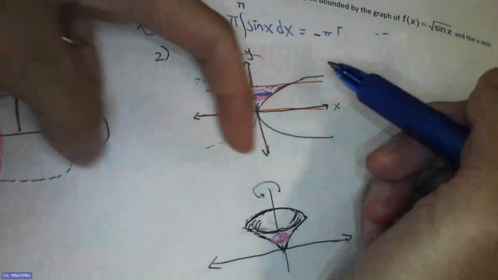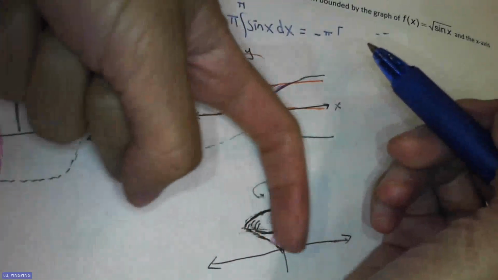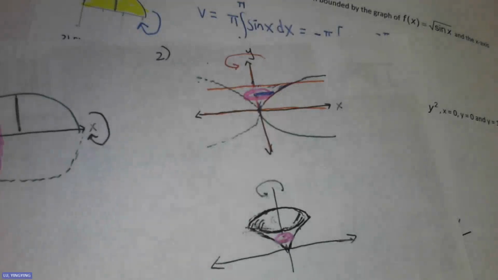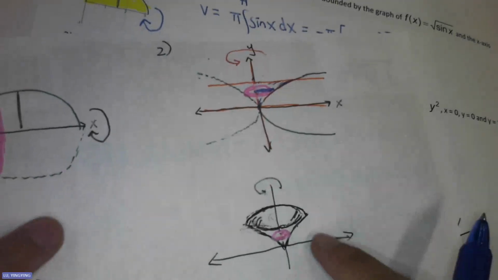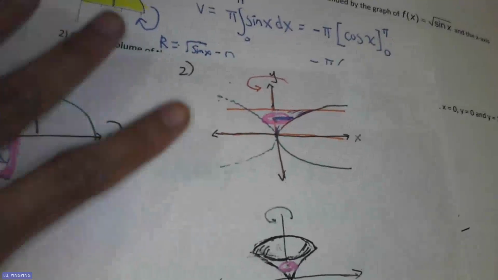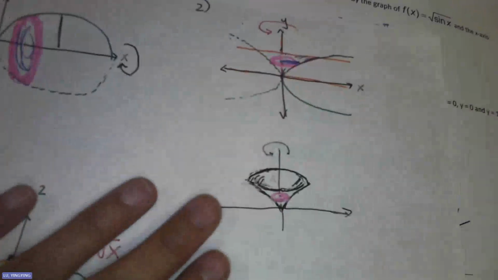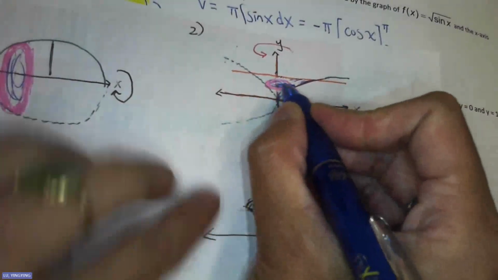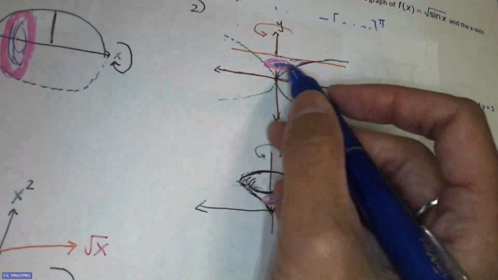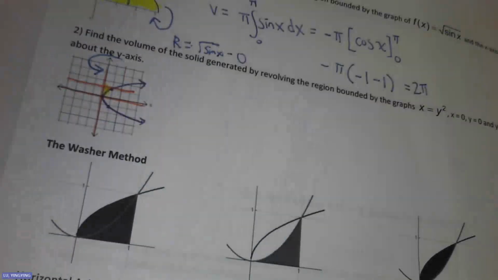Here I'm revolving about the y-axis, and it looks like a tornado-ish or a bell, or a cone if you want. It looks very much like a cone, and that's the shape. Okay, so first of all, we've got to decide. When I do that, this whole thing has no gap, so that's a disk. Again, it's a disk.